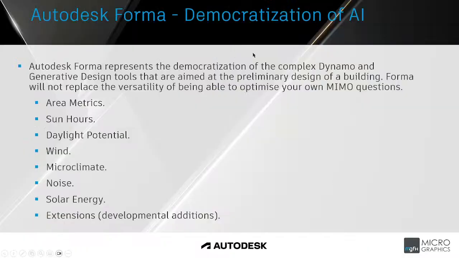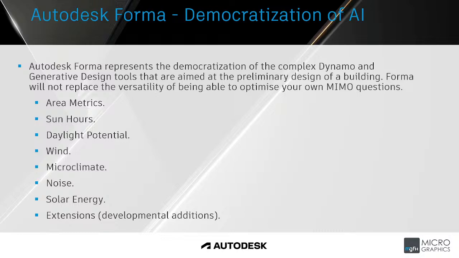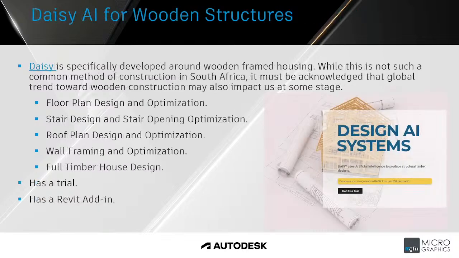So that is Autodesk Forma. Great tool. I don't have as much opportunity to use it as I would like. Then again, I'm not an architect, so I just hope that if you are in the business that you are paying attention to that, and that we are using these technologies for the advancement of our industry.